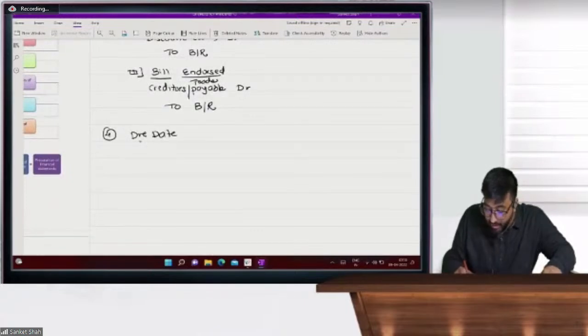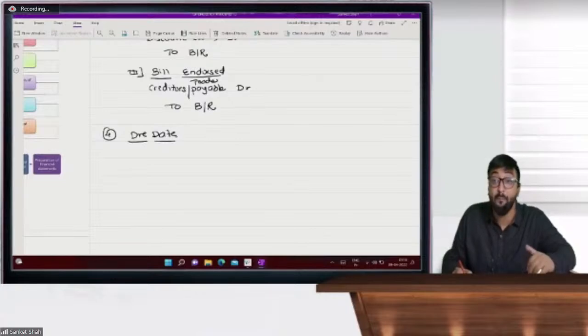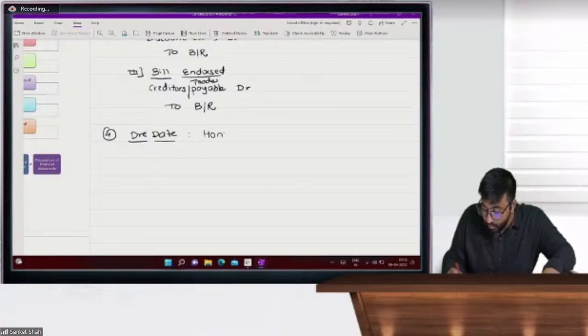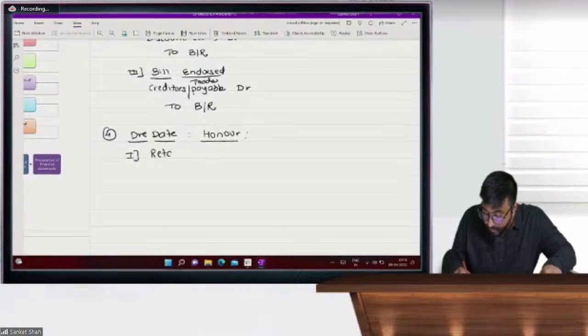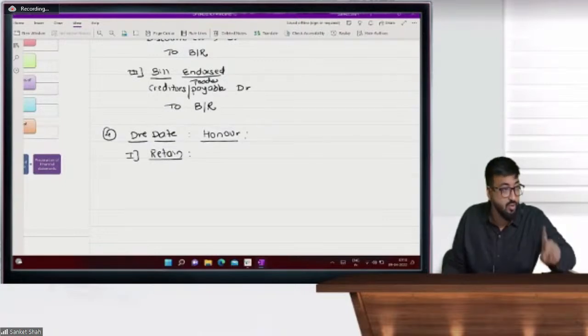Now what is the due date? Beta, it is the time when payment has to be made, that is 3 months, 4 months time taken by the debtor, drawee, buyer. On the due date, now everything is fine. So this is honor. The bill is going to be honored, my friend. In case of bill retained, remember you are getting your money on time, that is on the due date.